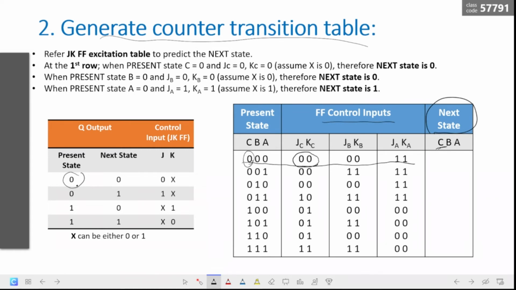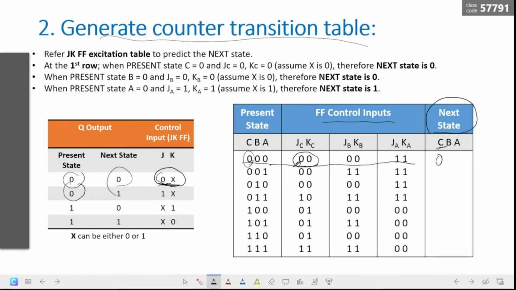So it's either this one or this one, and since J is 0 and K is 0, we take this one, because when the present state is 0, it could be J0 or J1. In this case, J is 0, so we take the next state as 0.